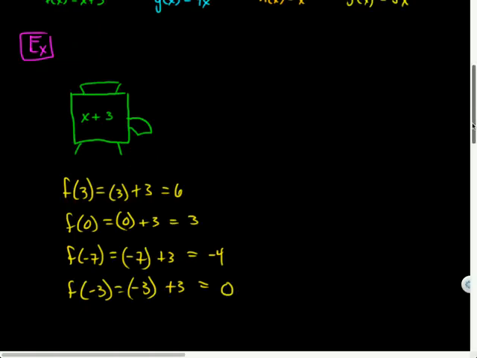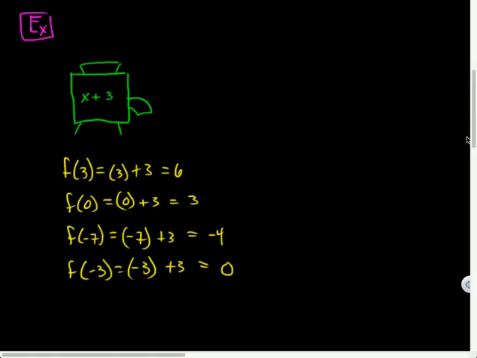Now, could you describe what kinds of numbers I could plug into this machine? What are the possible numbers? Are there any limitations on what I could plug in? We tried positives, we tried negatives. I could even plug in the square root of 2.